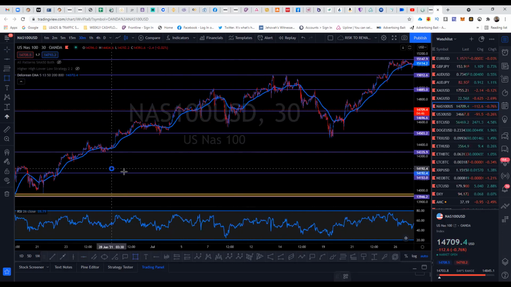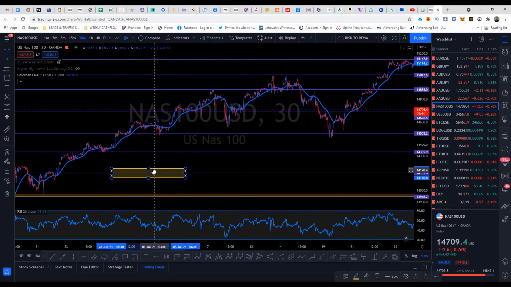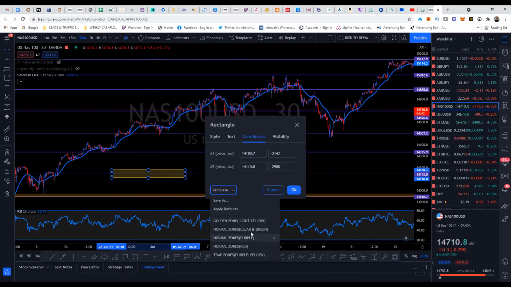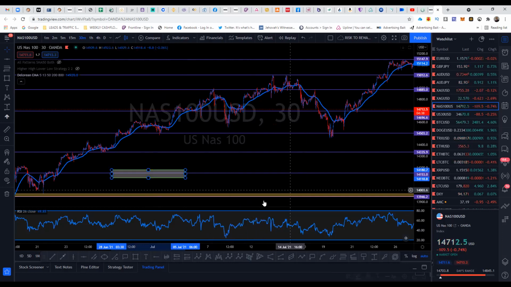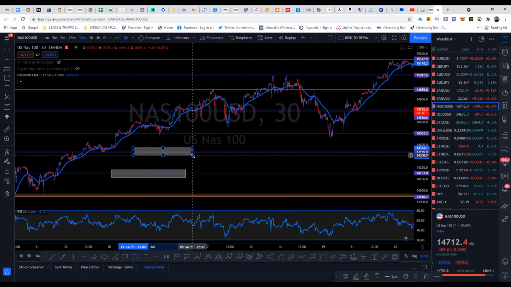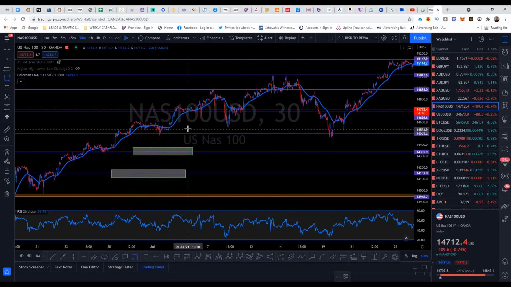So now we're going to pick a different color zone. I want to be picking clear and green zones. These are going to represent the 30-minute supply and demand zones.